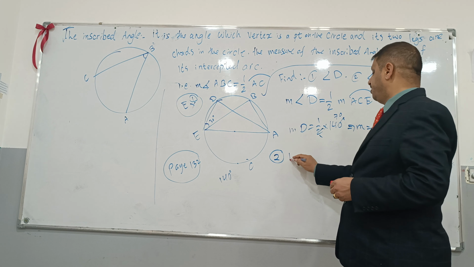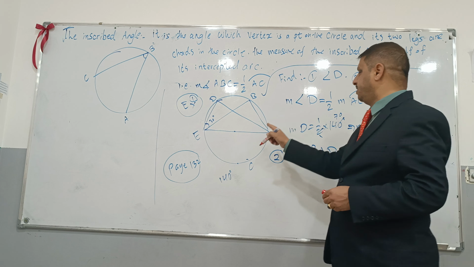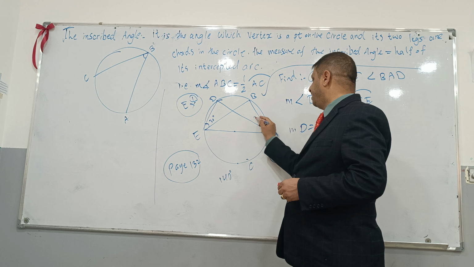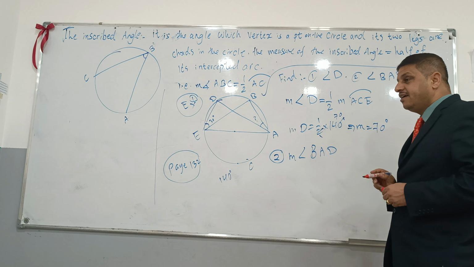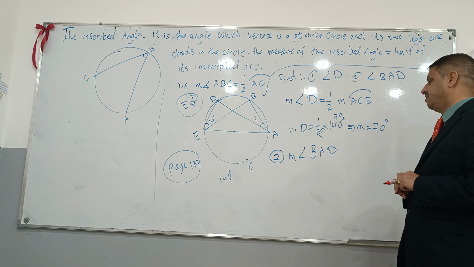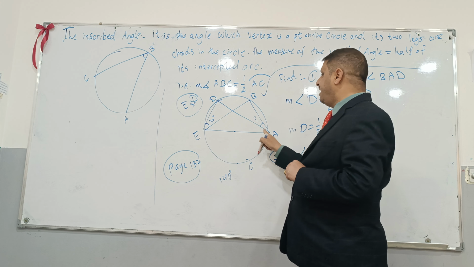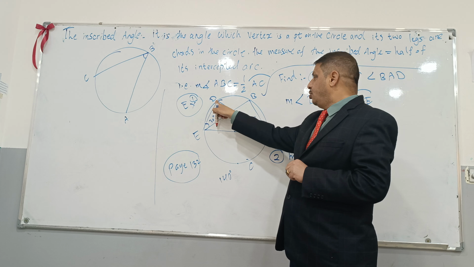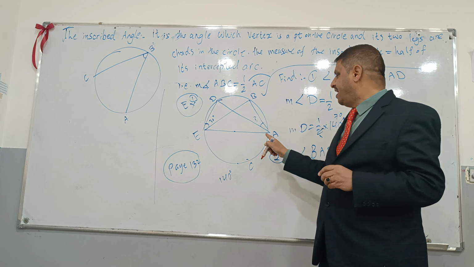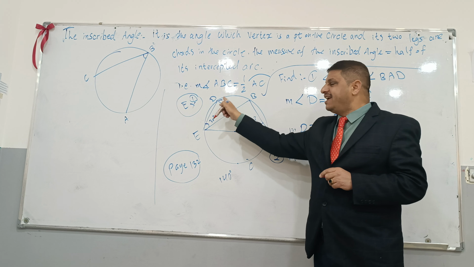Now let's move to number 2. He wants the measure of the angle BAD. Look at me. BAD, this angle. He wants it. An inscribed angle equals half of its arc.